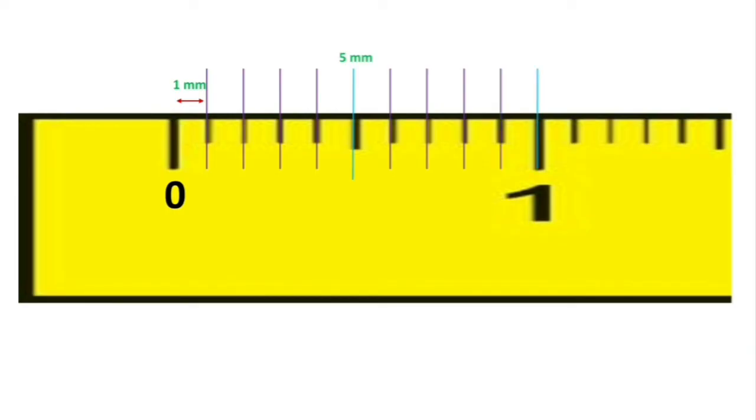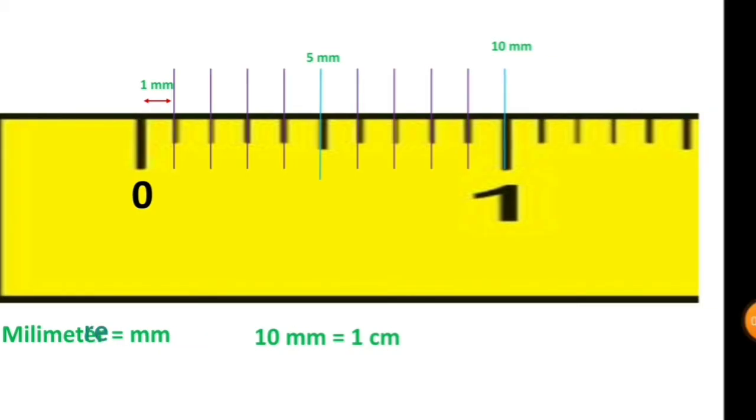So here 10 millimeters are completed, and the short form of millimeters is mm. And 10 millimeters makes 1 centimeter. As you can see here, there are 10 lines between 0 and 1. So children, 10 millimeters make 1 centimeter.